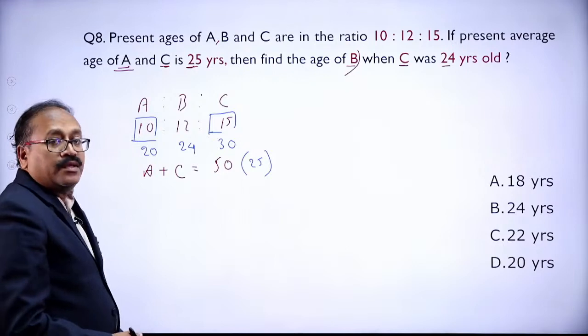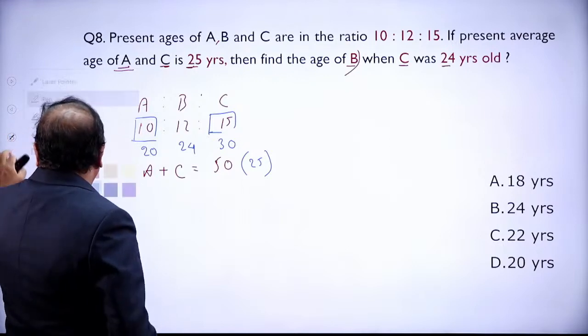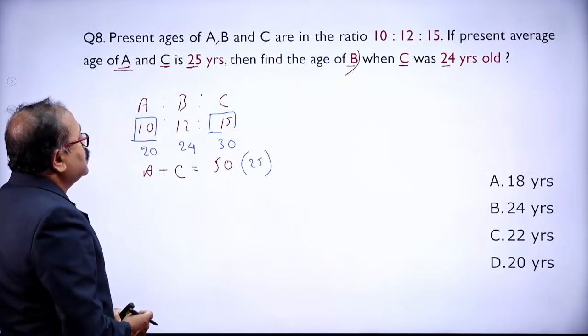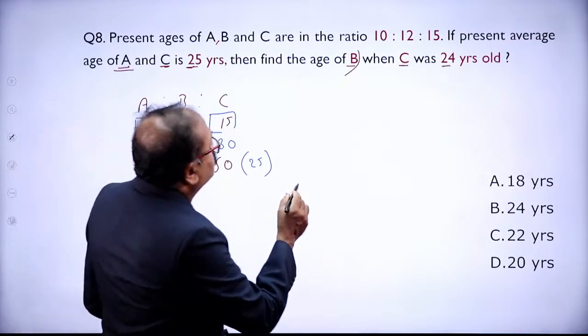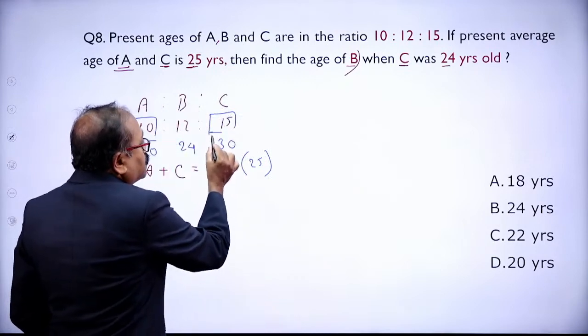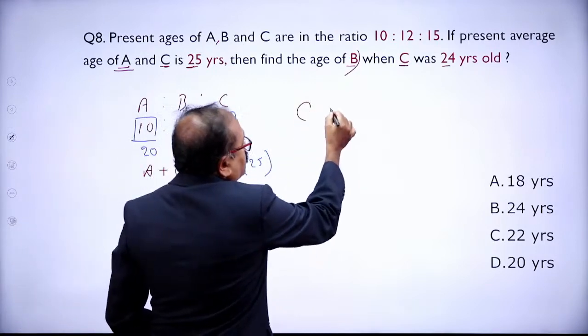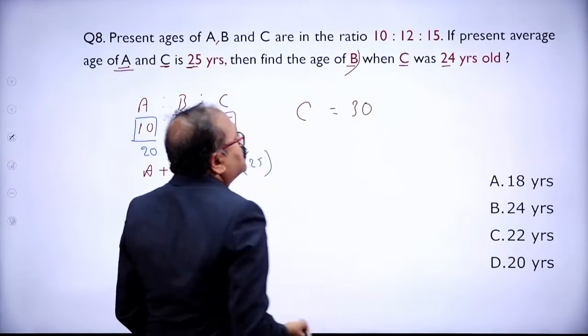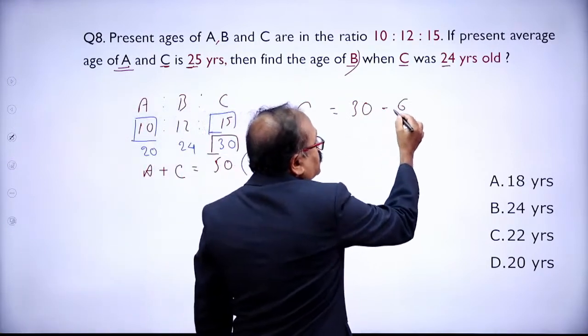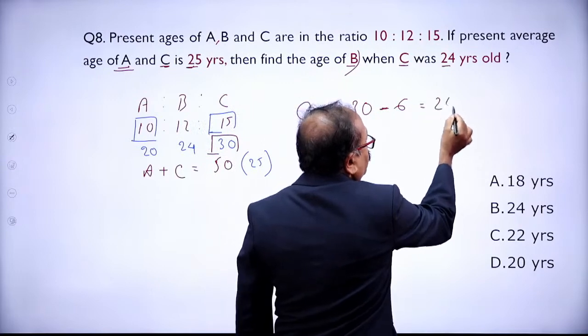Okay. So now, let's answer this question. Here it says the present age of C when 24 years. What is the present age of C? The present age of C is 30 years. When he will be 24 years, that means 6 years back, his age will be 24 years.